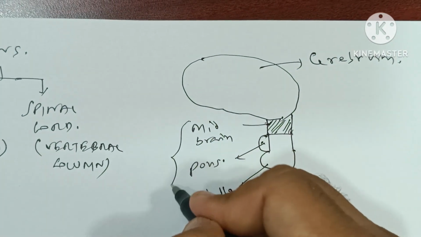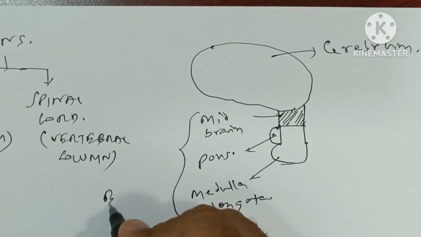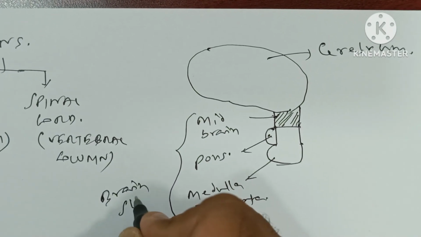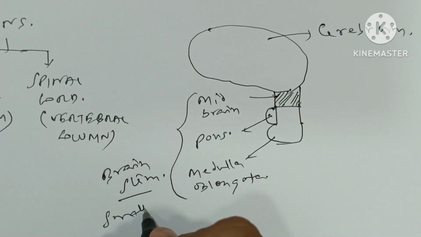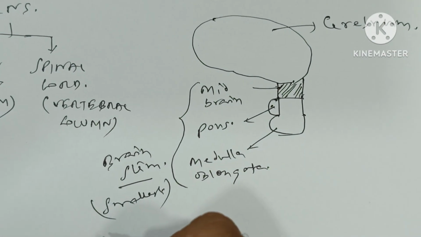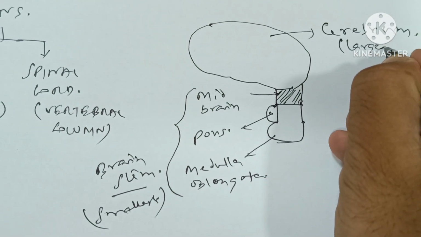This midbrain, pons, and medulla oblongata comprise the brainstem. This brainstem is the smallest part of the brain, and the cerebrum is the largest part of the brain.